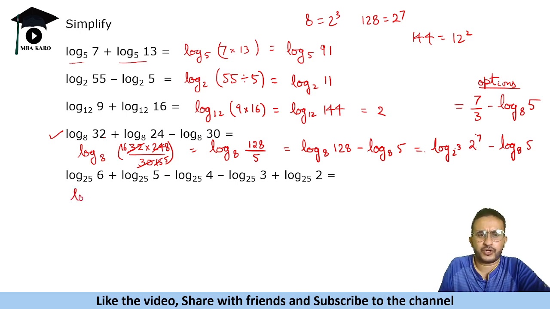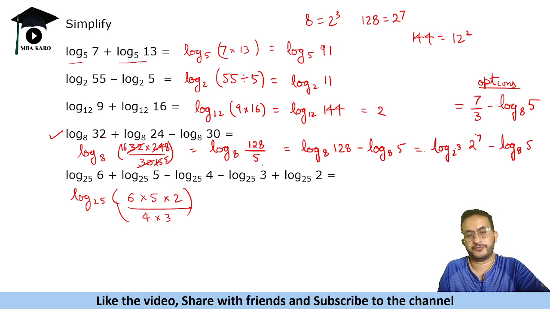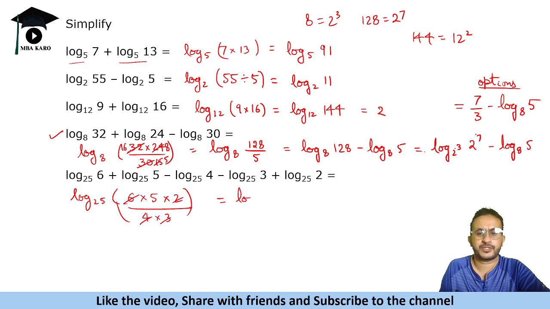So this is log 25. Now base is same. So we can say 6 into 5 into 3, 2, because it is addition, and wherever we have subtraction, that goes to the denominator part. So we divide by 4 and 3. So 4 into 3, 12. So this becomes log 25 5.